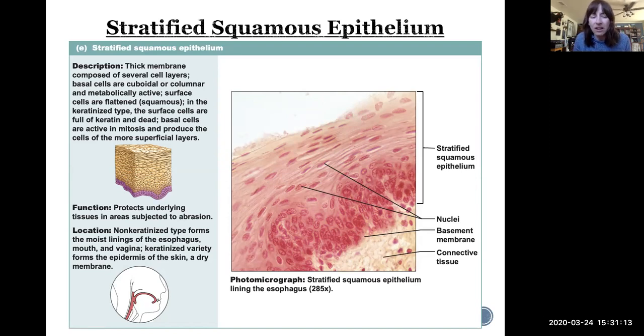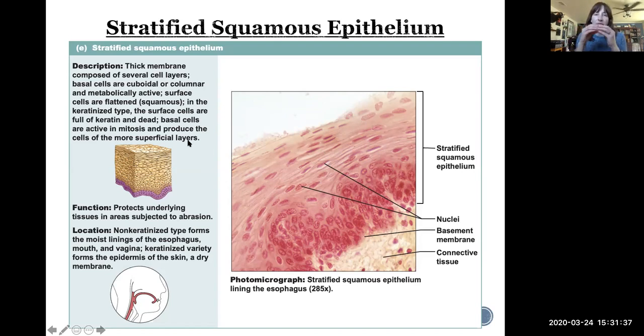So remember, when identifying stratified tissues, you go by the cells on the apical surface only. On the apical surface we've got very flat pancake-like cells, so those are squamous. So we've got stratified squamous epithelium.